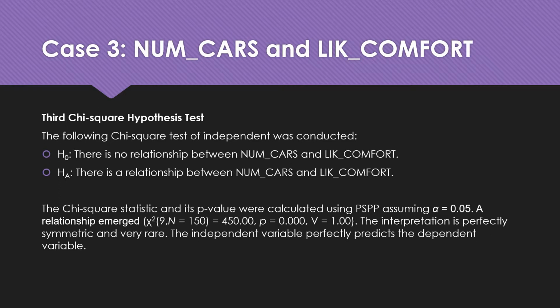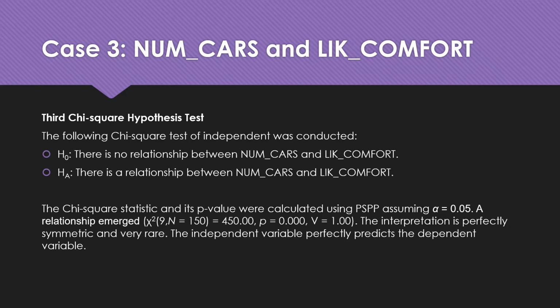Case number 3, the third relationship, is the number of car payments and Likert comfort. The null hypothesis states there is no relationship between the number of car payments and Likert comfort level. The alternative hypothesis says there is a relationship between the number of car payments and Likert comfort level. Again, we have chi-square. We have a 9, which is the degrees of freedom.